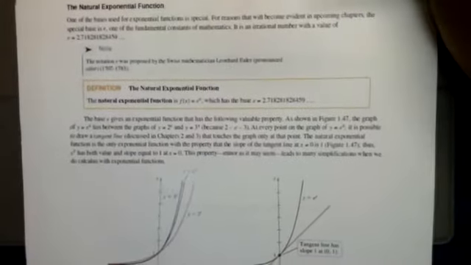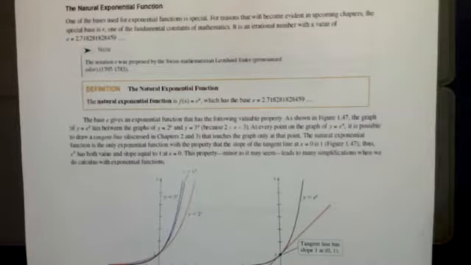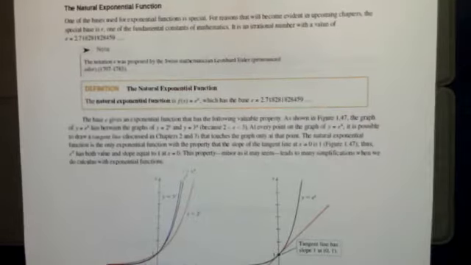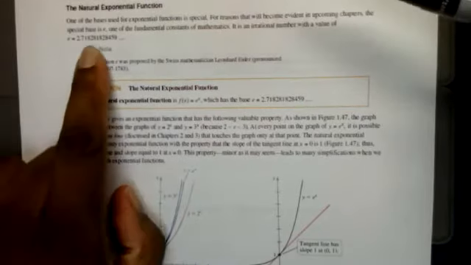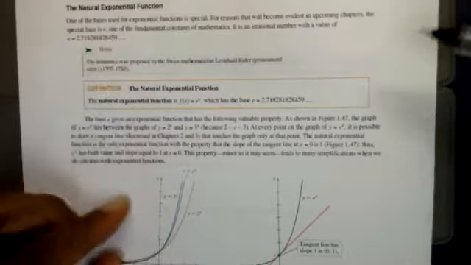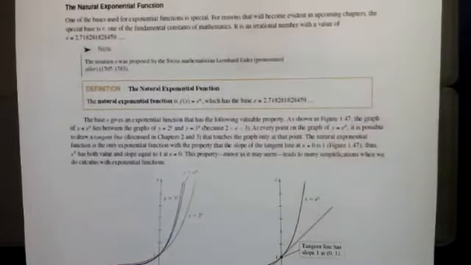Okay, now on to the natural exponential function. This has the natural base e. So here we're using a special base e. In this case, e is an irrational number.